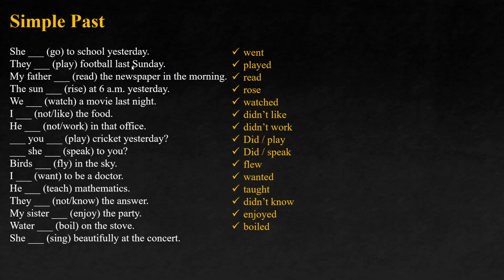She sang beautiful at the concert. Good. Try to read the sentence properly, okay? She sang beautifully at the concert. Pratham. I bought a new book. Good. Yogesh.